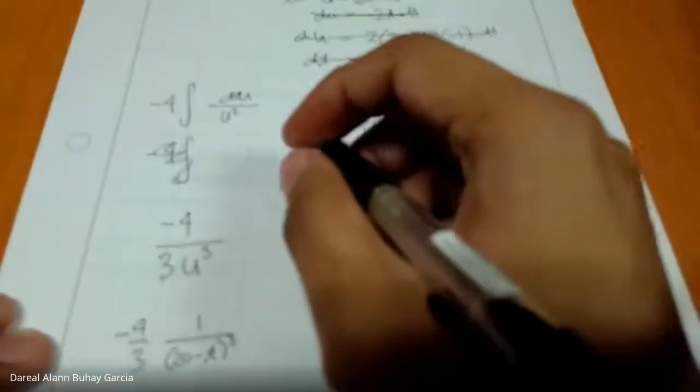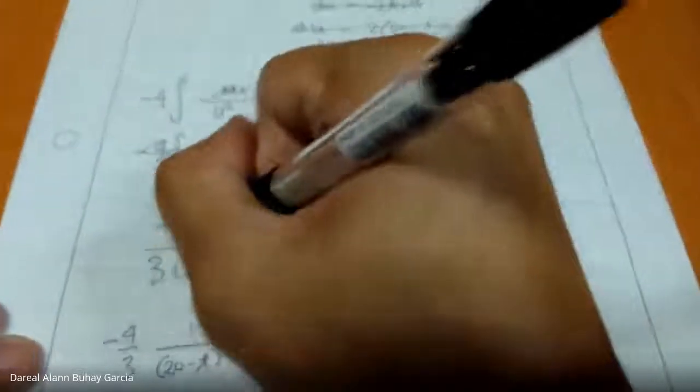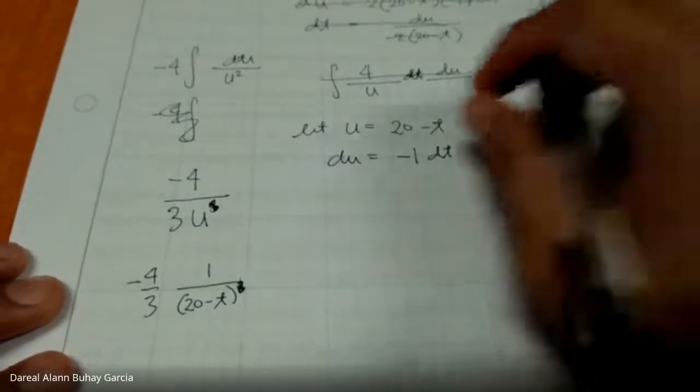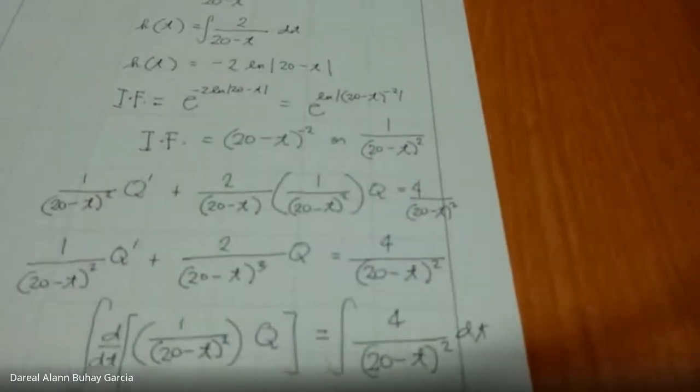Bali, di ba, sir, u raised to negative 2, tapos power rule plus 1. So, 1 over negative 2 plus 1. Yes, sir. Negative 2 plus 1 is negative 1. Ay, wait. Bali, walay 3, sir. Wala 3.